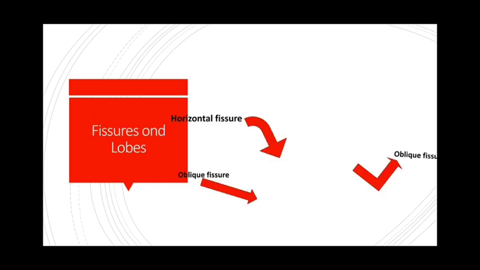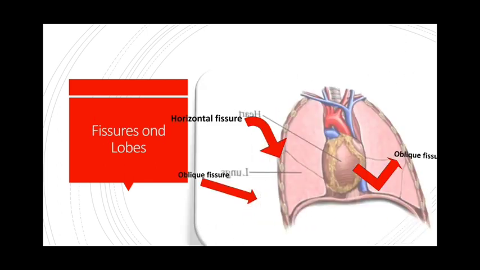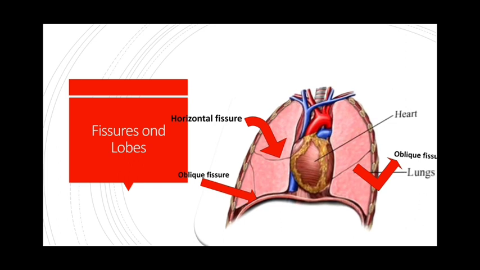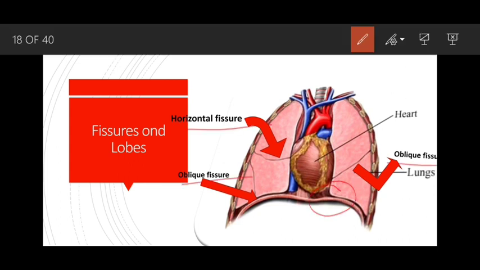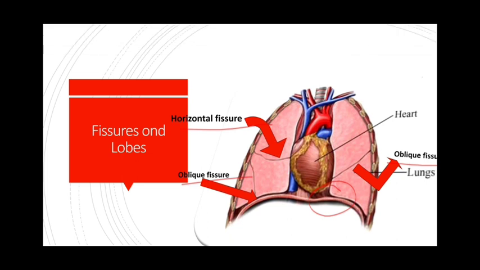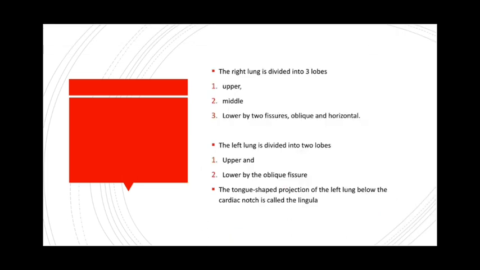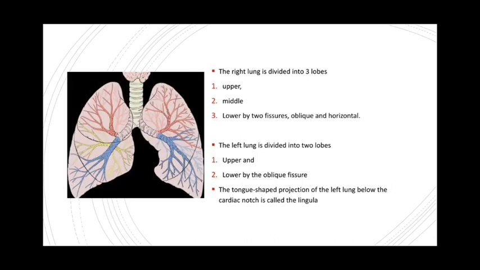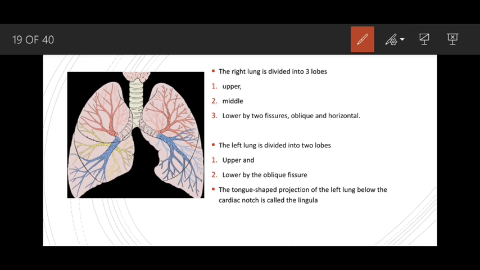So now we will see the fissures and lobes. The lungs have two fissures in the right lung and one fissure in the left lung. The right lung is divided into three lobes, upper, middle and lower, by the horizontal fissure and the oblique fissure.